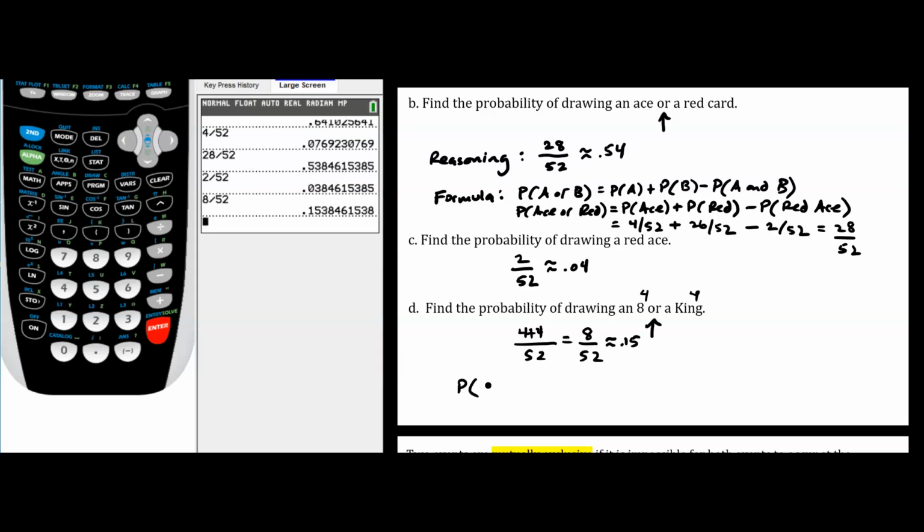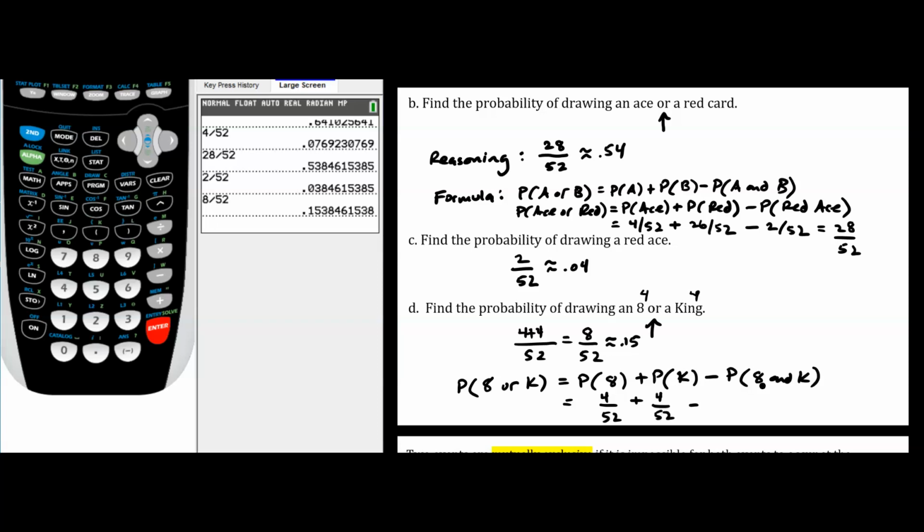Okay? Now, if you wanted to, you could apply the formula again. You could say, let's look at the probability of an 8 or a king by saying, what's the probability of an 8 plus the probability of a king, and then subtract the probability of getting a card that is an 8 and a king. The probability of an 8, 4 out of 52. The probability of a king, 4 out of 52.